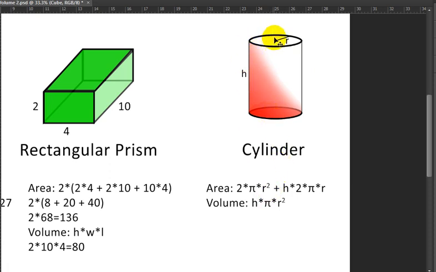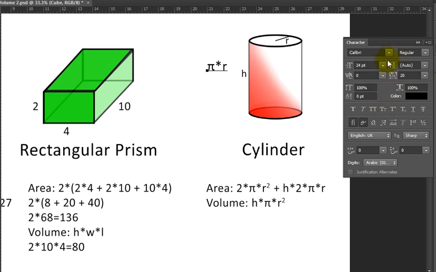So the area of the bases is, if we remember from our geometry when we were studying circles, pi times r squared. So one circle, one base would have an area of pi times r squared.